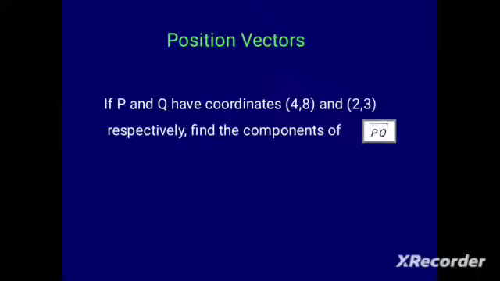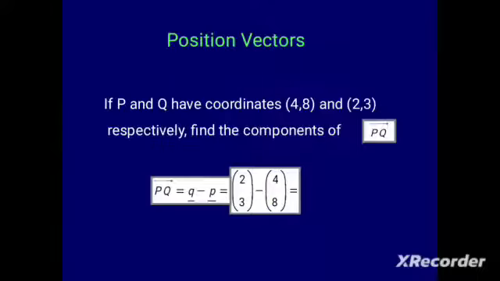In simple terms, it is Q minus P. So vector PQ is vector Q minus vector P. Because we have the coordinates, the one for Q is (2, 3) minus the one for P, (4, 8). So the answer is (-2, -5).